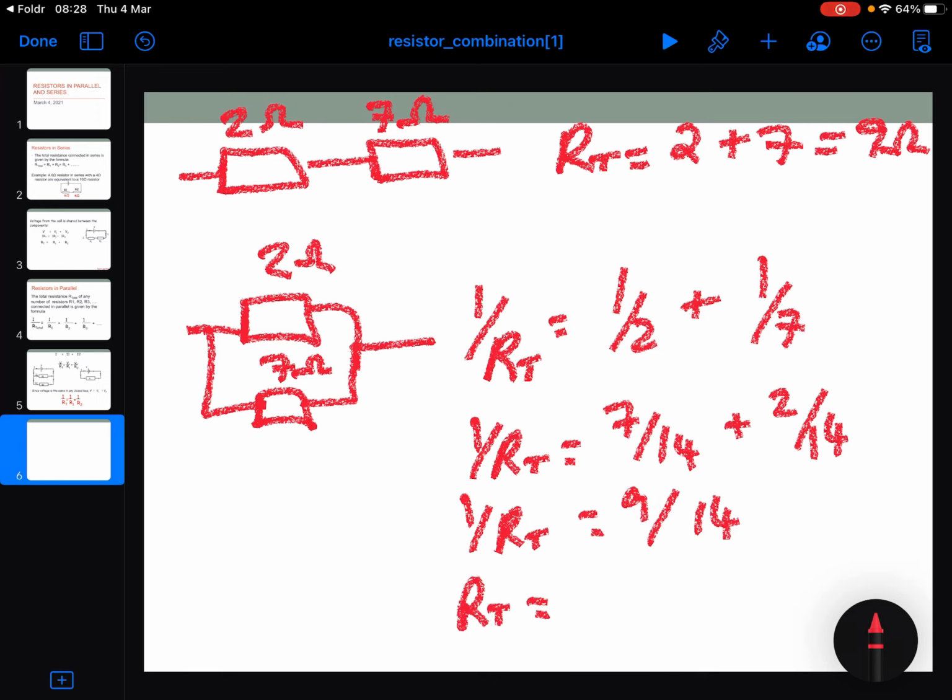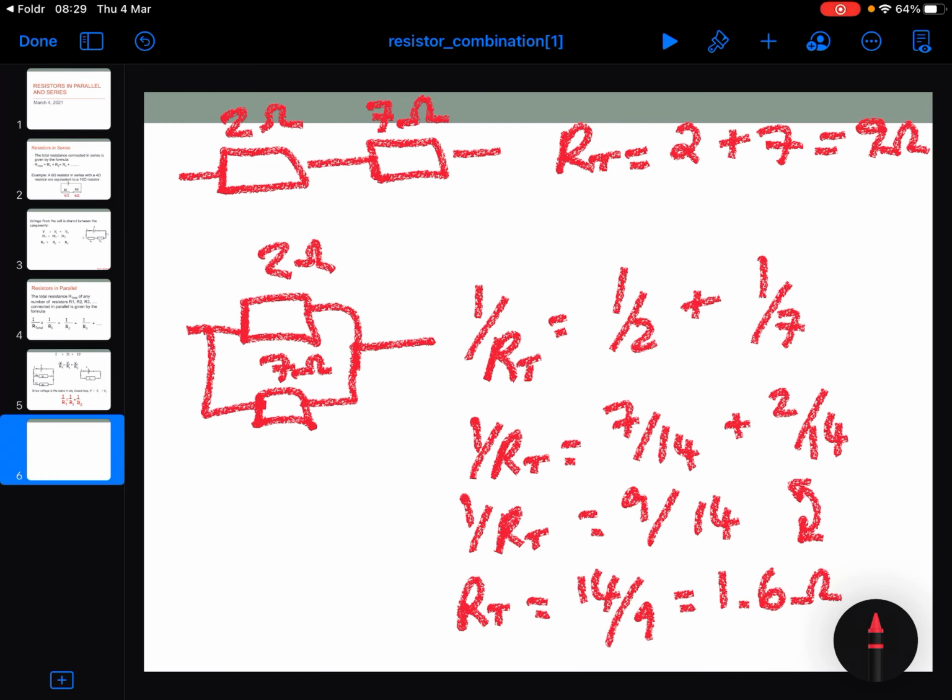RT is, basically you just swap the fraction around to do 1 divided by it. So 14 divided by 9, which is 1.05 over 9. It's a pain, isn't it? I'm going to roll with 1.6 ohms.